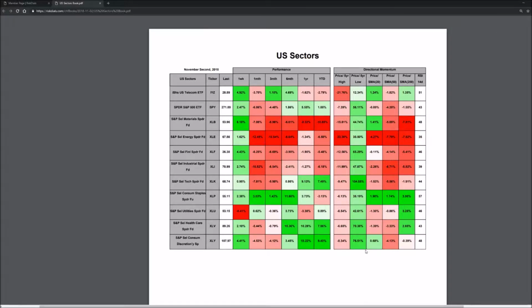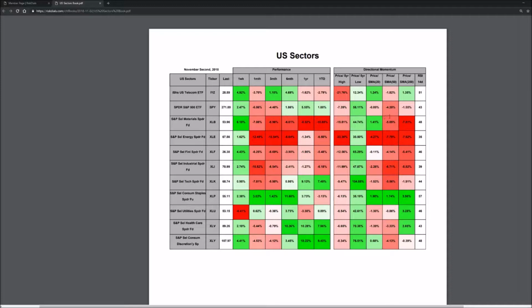If we open the US sectors book, as I've just done, the table gives you the performance of each sector in various time frames from 1 week to year to date, and you will immediately be able to see which sector is performing best in the various time frames.